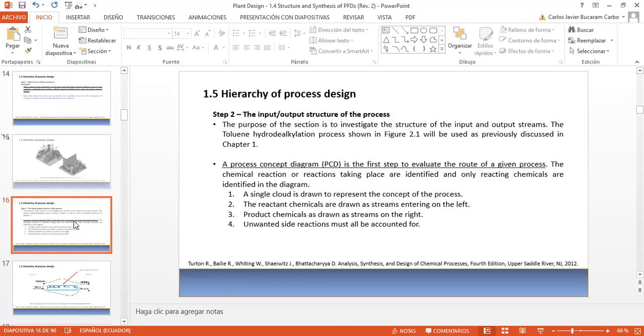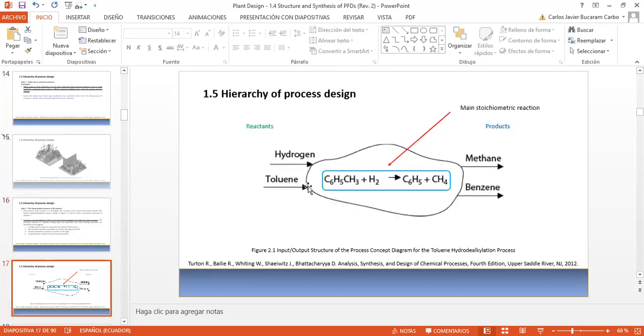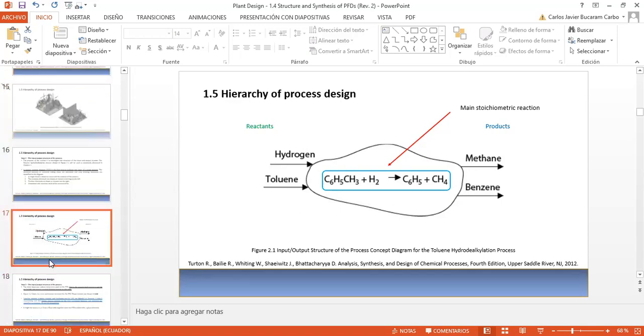Okay, then we discussed the input-output structure of the process. And so we mentioned the process concept diagram. You have this cloud shape. We have the reactants, we have the products, the main reaction.